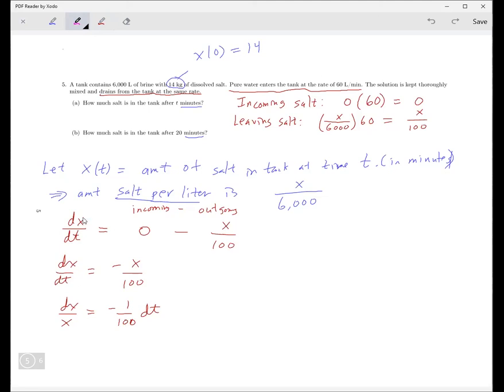And now, of course, you integrate. The left-hand side is log of x, and the right-hand side is negative 1 over 100 t plus a constant.